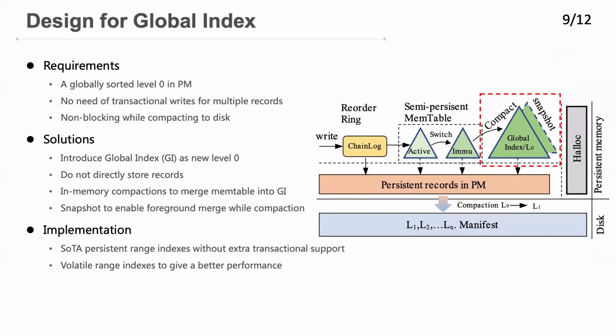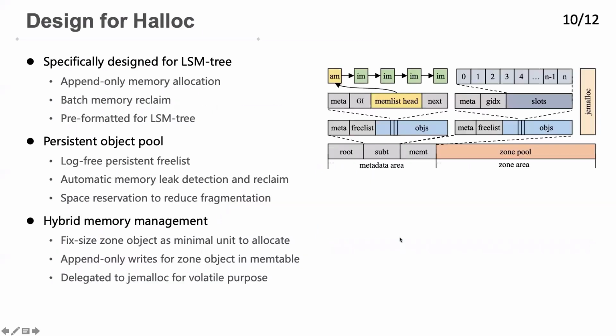Since there's no requirement for OLTP transactions in such a process, the design can adopt state-of-the-art persistent B+ trees or other volatile range indexes to enable higher performance. When performing compactions from PM to disk, we create a snapshot for the global index to prevent the stall of foreground merges.